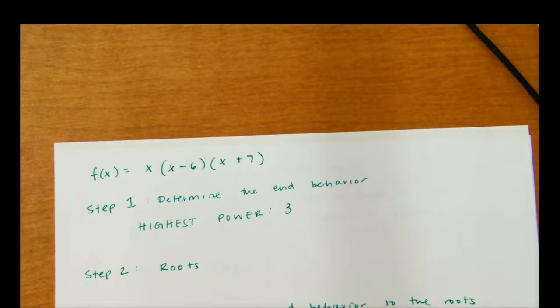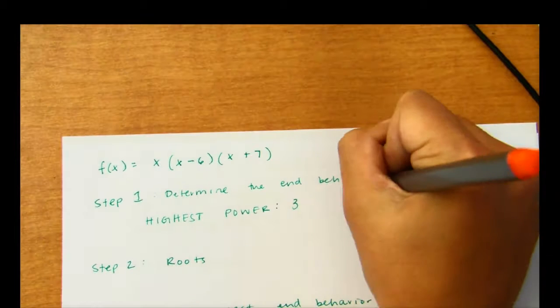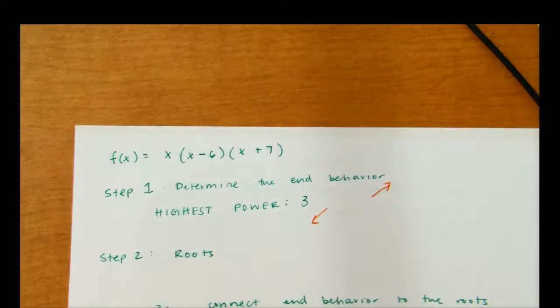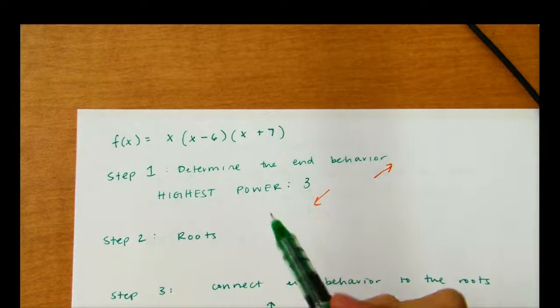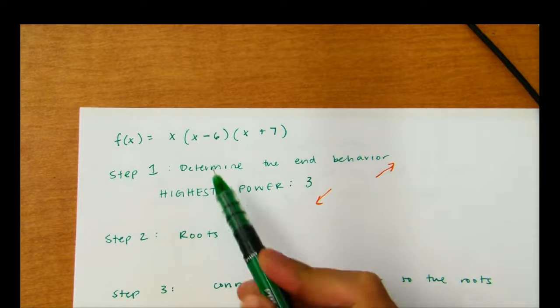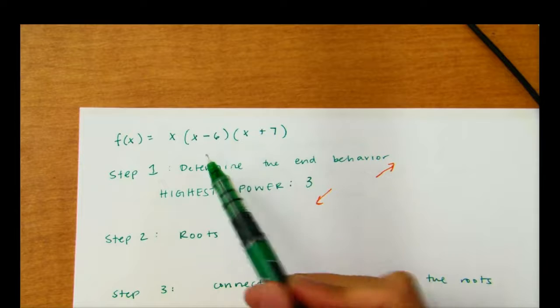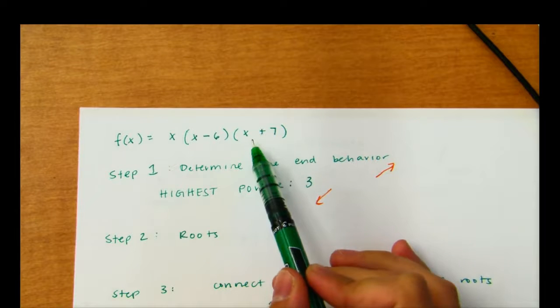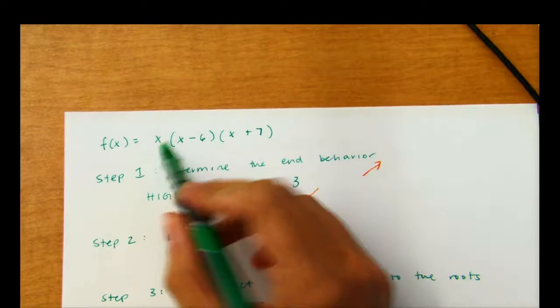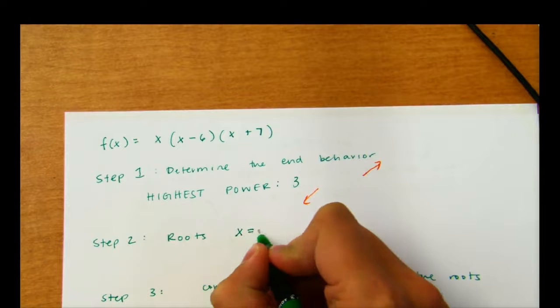Since my highest power is odd, my ends are going to go in opposite directions. Right end up, left end down. Okay, step number 2 is to find my roots. So this is a nice function that's already been factored out for me. I'm going to set each piece equal to 0. So the first piece, x is equal to 0.